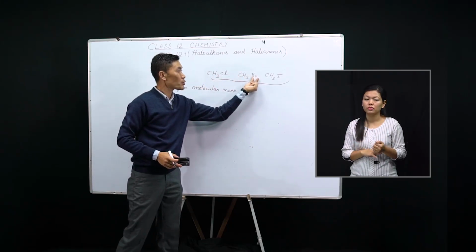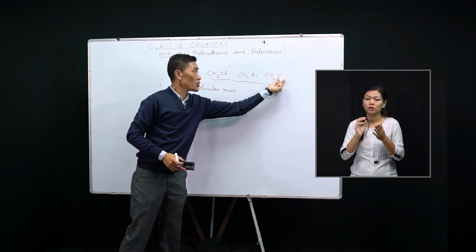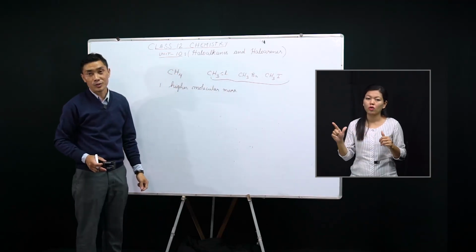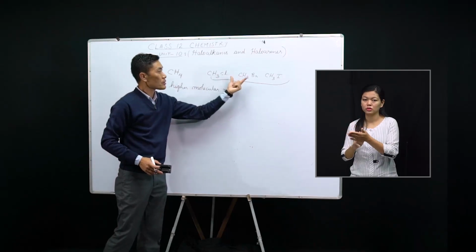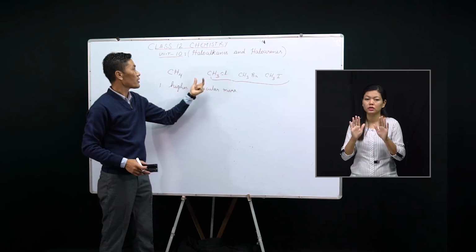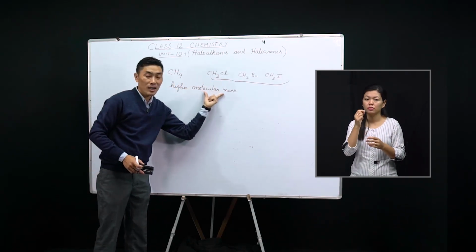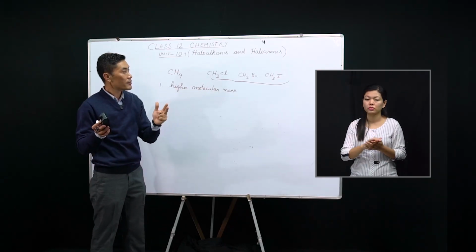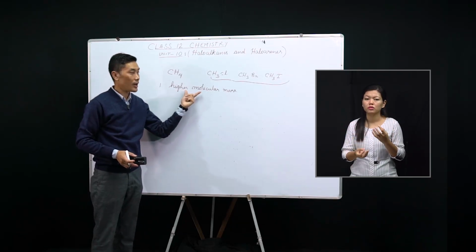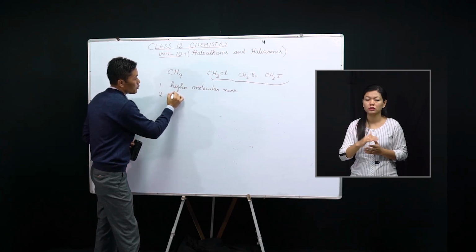Here we have a bromine atom and here we have an iodine atom. All these halogens have higher molecular masses than hydrogen. So these haloalkanes have higher molecular masses than the parent hydrocarbon. When the molecular mass is more, the van der Waals forces of attraction will be more, and therefore boiling point will be higher. The second reason is because of higher polarity.